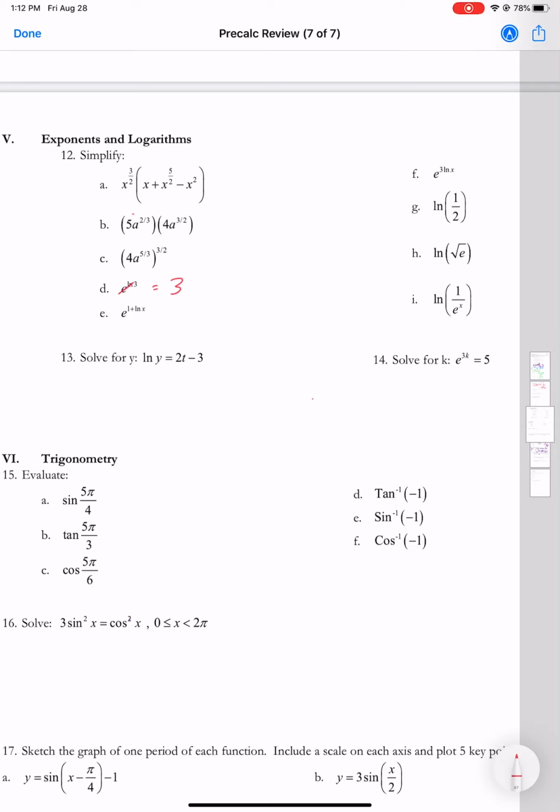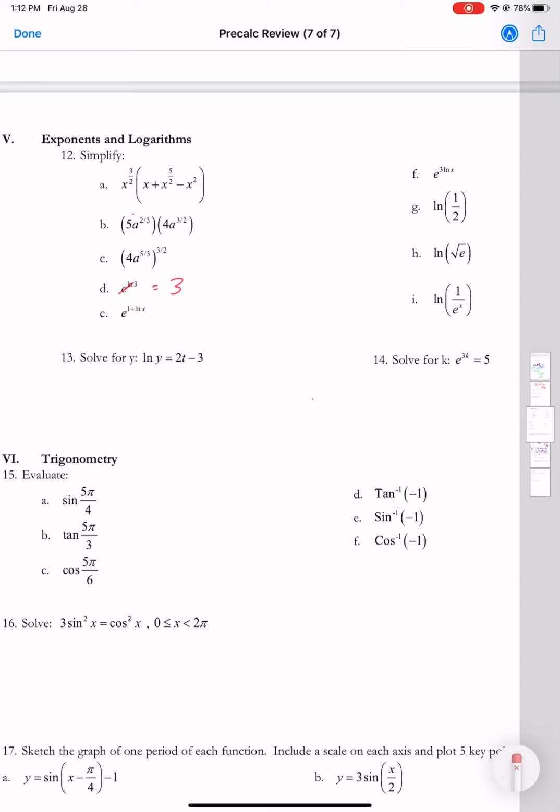Part E is a little more complicated here because we have e to the power 1 plus natural log of x. So because it's not just e and natural log, we can't just cancel those out and make this like 1 plus x. This exponent is more than just a natural log. So we're actually going to need to split that up, exactly like I showed you with those properties of exponents.